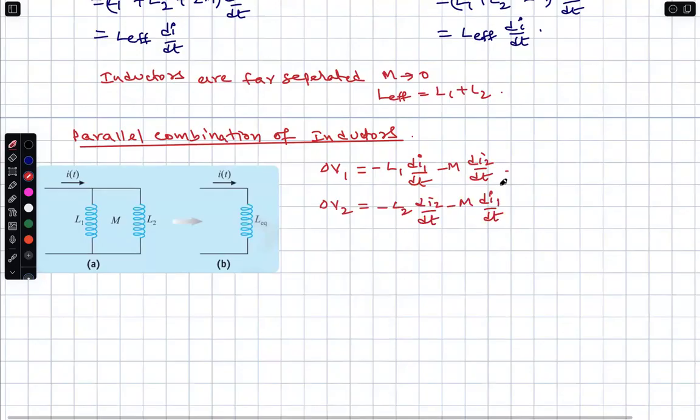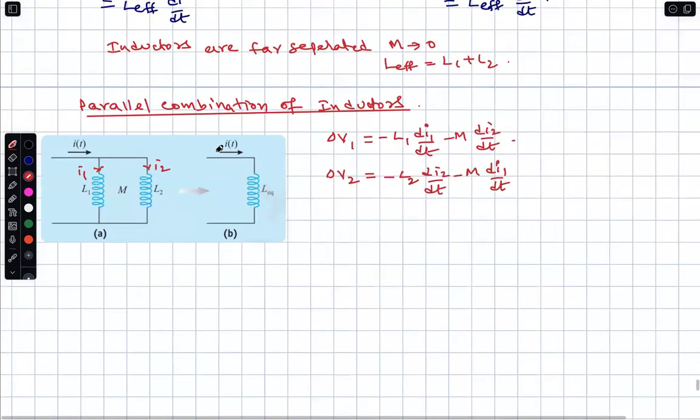Now, what is happening here? You are assuming a current I1 is passing over here, I2 is passing over here. So with this, we will write here delta V1 or delta V2 is the same, let it be delta V, because parallel combination.